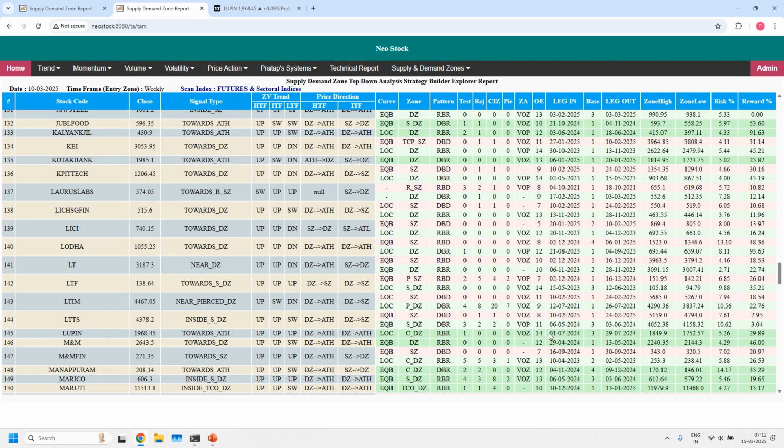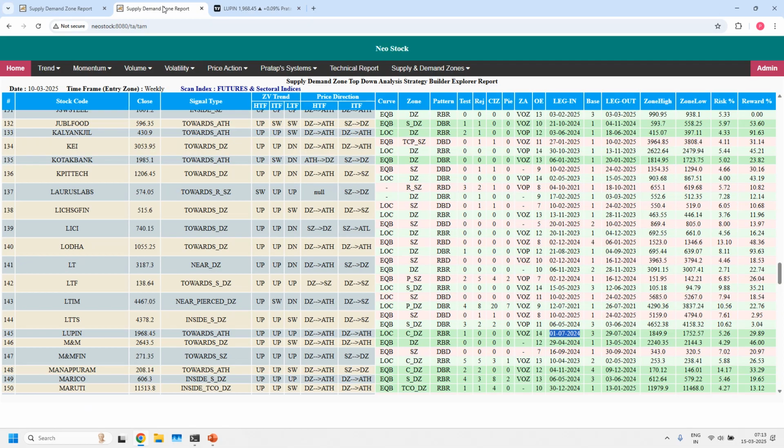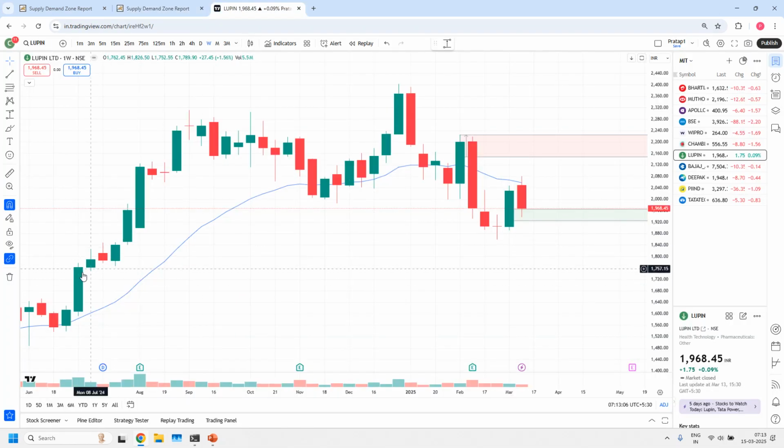The Lupin weekly zone is 1/7/2024, three base candles. This is the one. 1/7/2024, three base candles. So let me draw the weekly zone for Lupin.